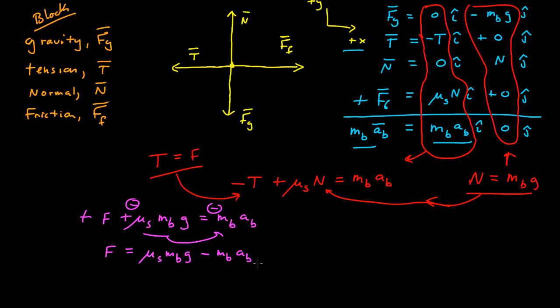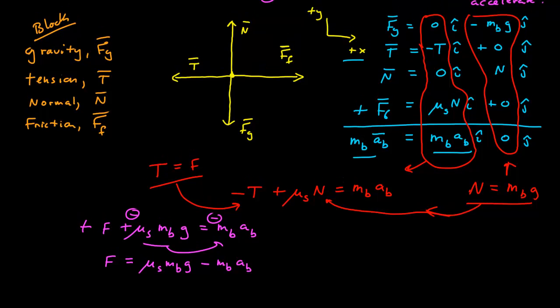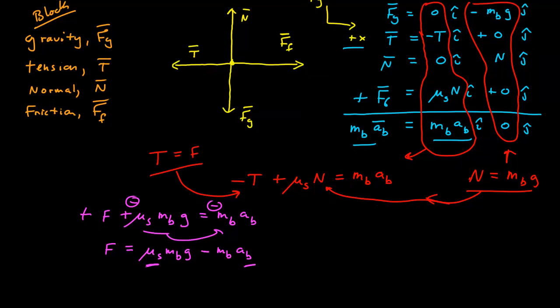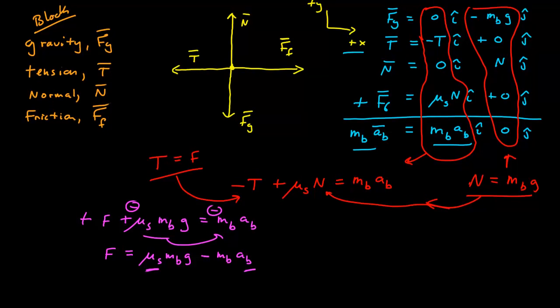All right. So I know that the coefficient of static friction will reach its maximum value right before it slips, but I still don't know what that is because I don't know the acceleration. So I have to find another object on which to do F equals ma.